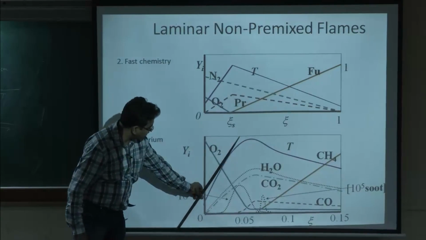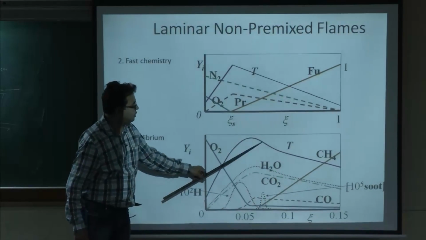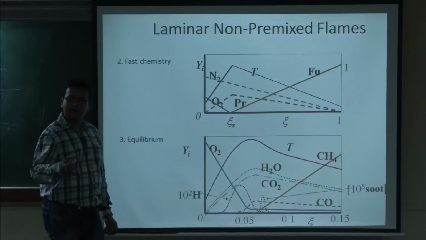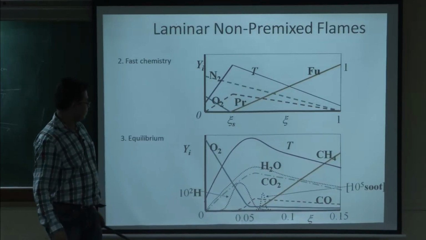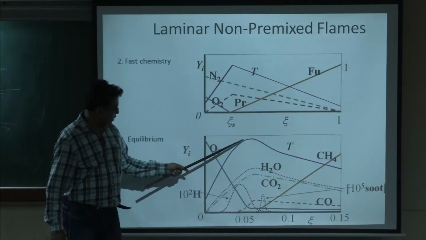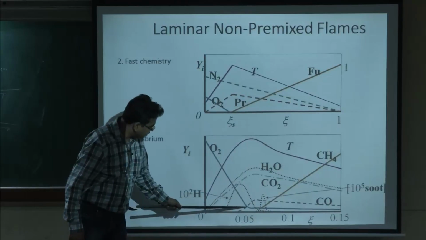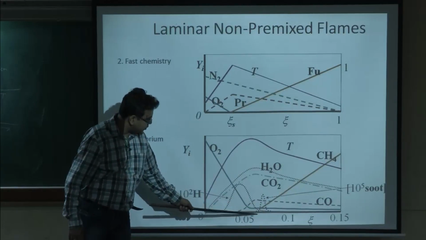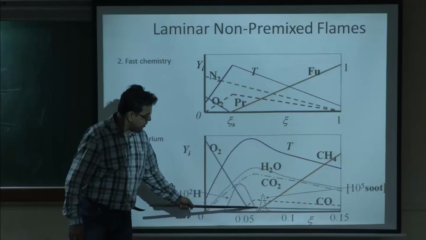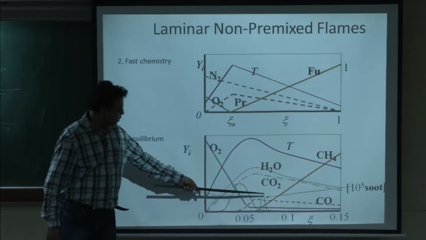It is almost linear here, but in this region you see some rounding has taken place. That is because of the equilibrium of these chemical reactions. Also, the oxygen should come to 0 here, but a very little amount of oxygen is still left. Similarly the fuel.